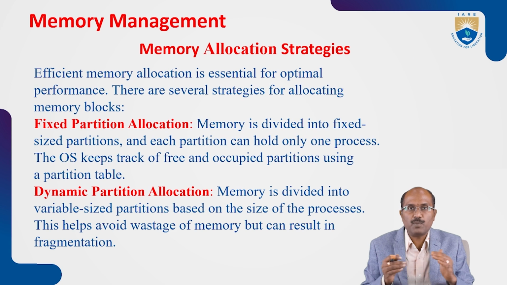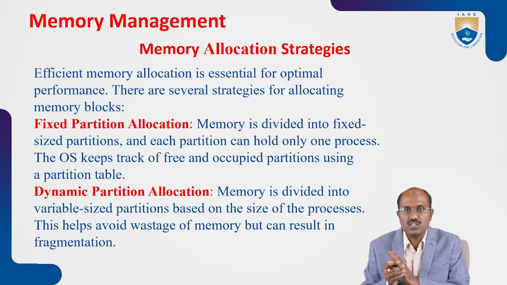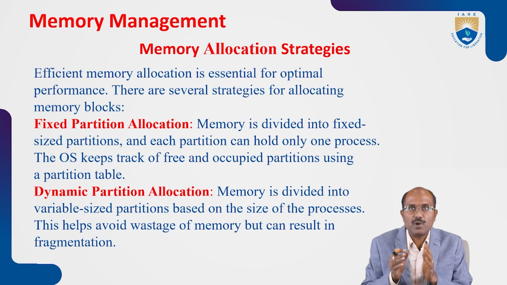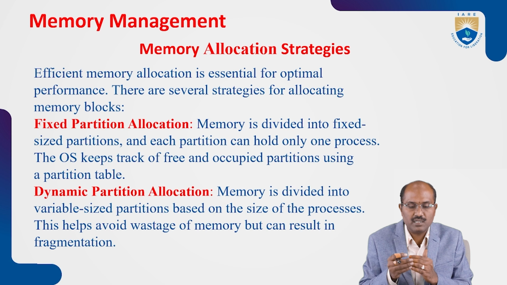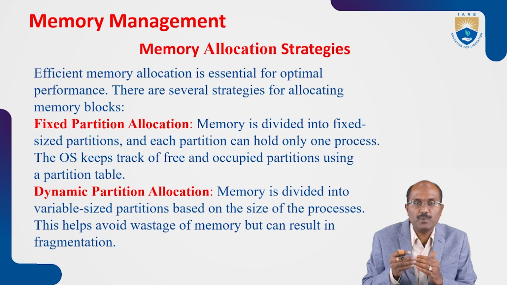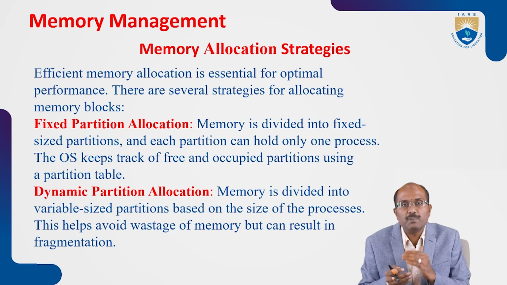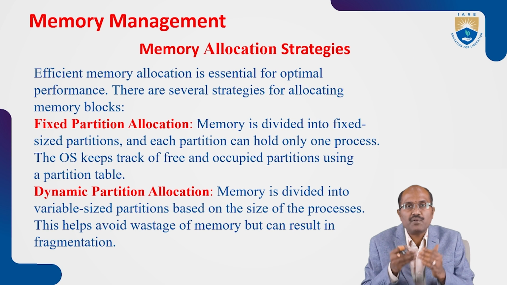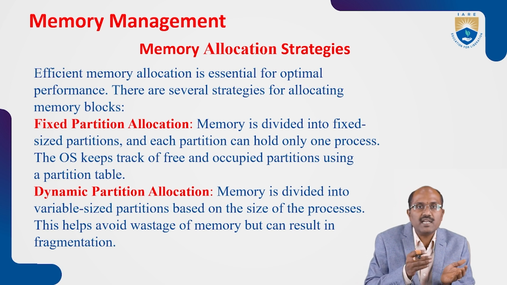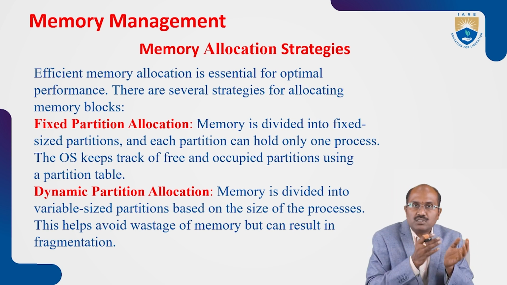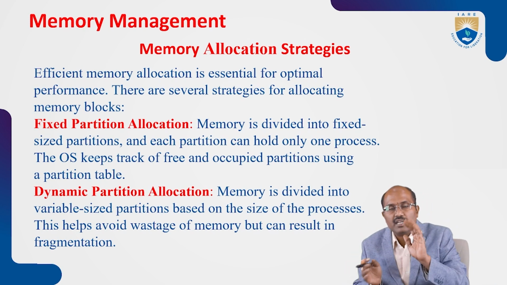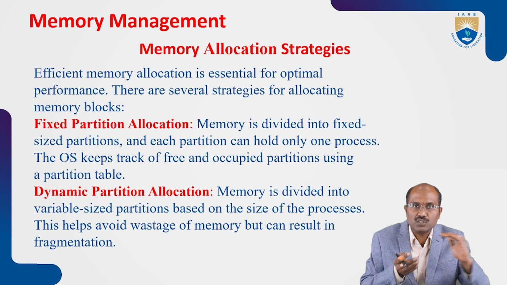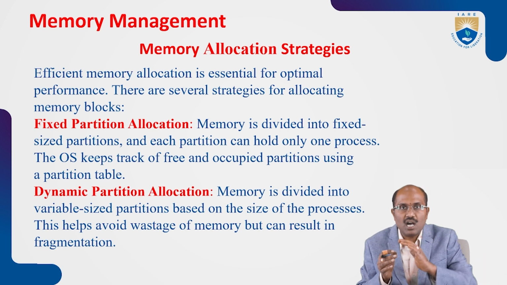In dynamic partitioning, the partitions are variable-sized and depend on the size of the process. If the process size is 5 MB, memory is allocated dynamically as 5 MB; if it is 10 MB, 10 MB is allocated. It expands depending on the process that comes.